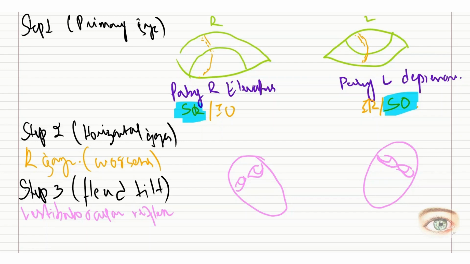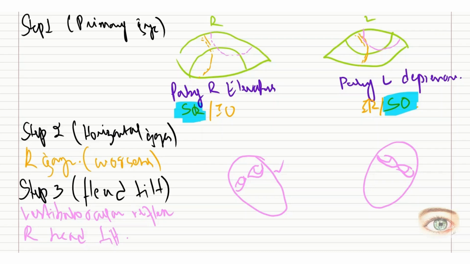Now, let's say the condition worsens on the right head tilt, right? So the condition is worsening on the right head tilt, but the eyes are going to move to the left side.